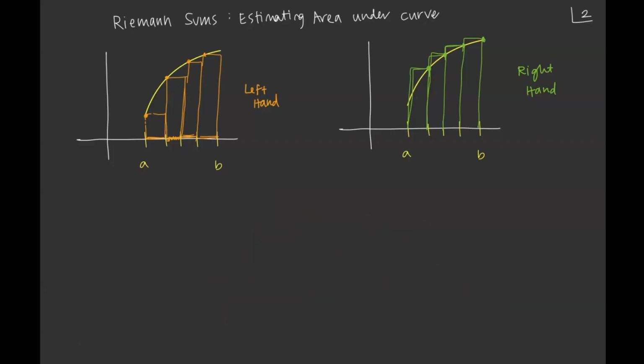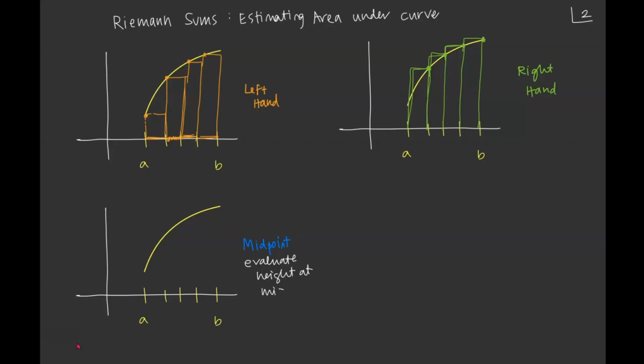Okay, the next one is called a midpoint sum. For a midpoint Riemann sum, you're going to evaluate the height at the midpoint of each interval. So if our first interval is from this point here to this point here, where does the midpoint of the interval hit the function?